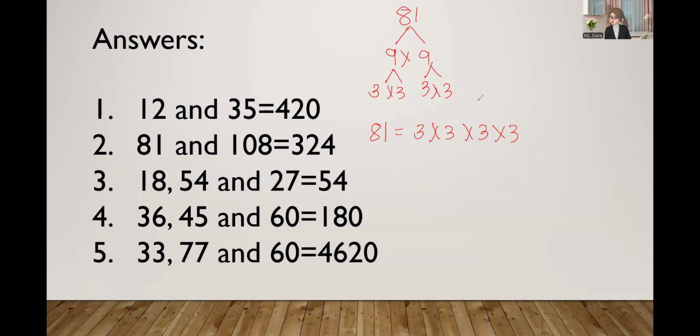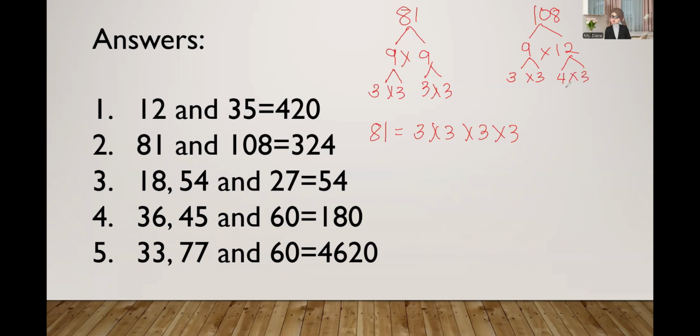And then how about 108? The factors of 108 are 9 times 12, right? And then we can still factor out 9, which is 3 times 3. And how about 12? That is 4 times 3.